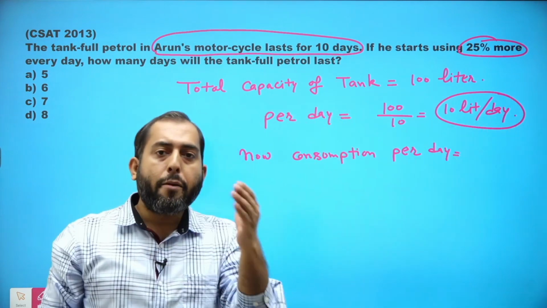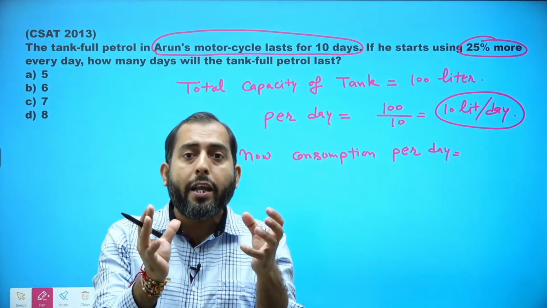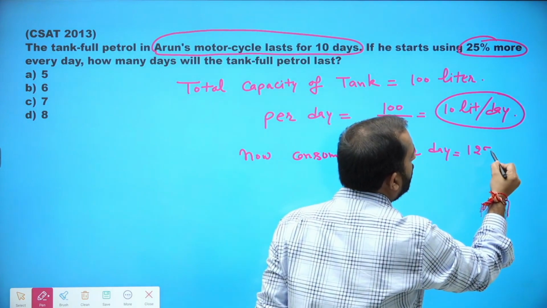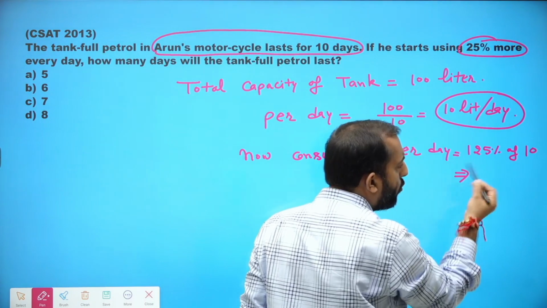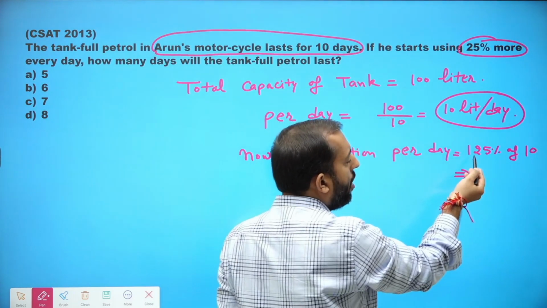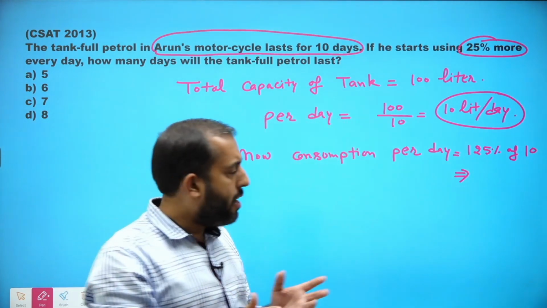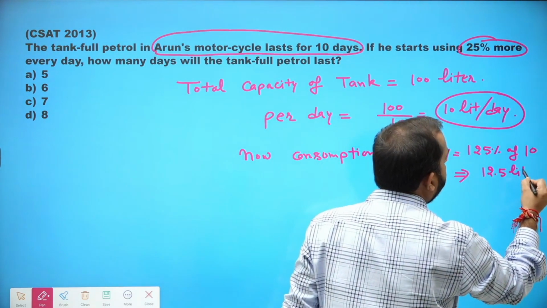So 25% more, meaning 100 plus 25, which is 125% of the original value. So now he is consuming 125% of the original, that is 10, which is 125 upon 100 times 10. So it comes out to be equal to 12.5 liters per day.